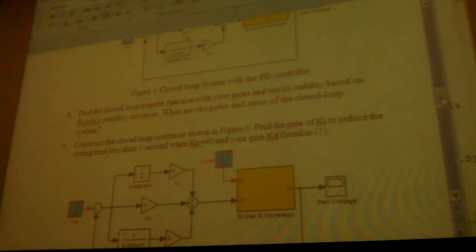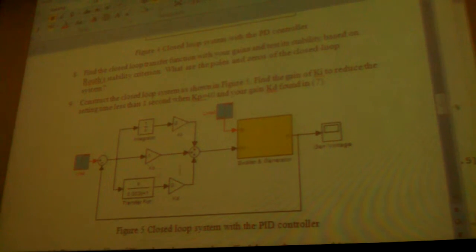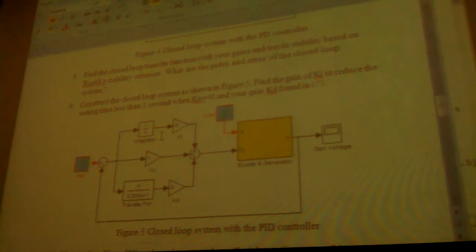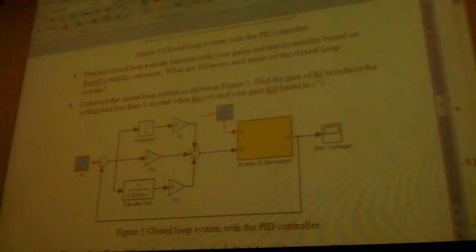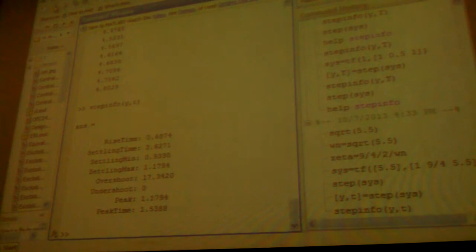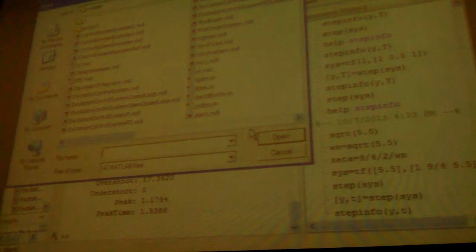So now the next thing is to include the integral controller, okay? So I'm going to open my program. Let's see project number 2013. Come on, so simple. This guy.